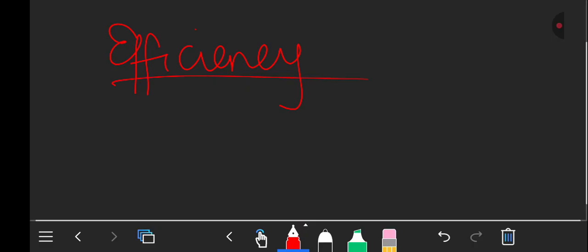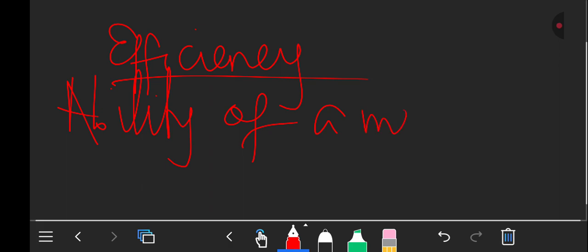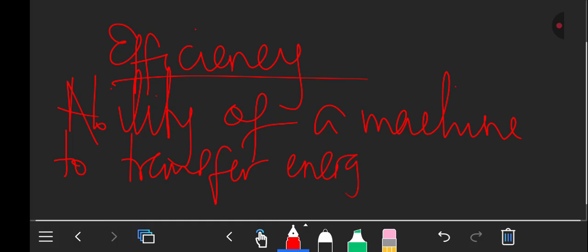When you're looking at efficiency, this is just the ability or the capacity of a machine to transfer energy usefully. So basically that is what efficiency is: just the ability or the capacity of a machine to transfer energy usefully.